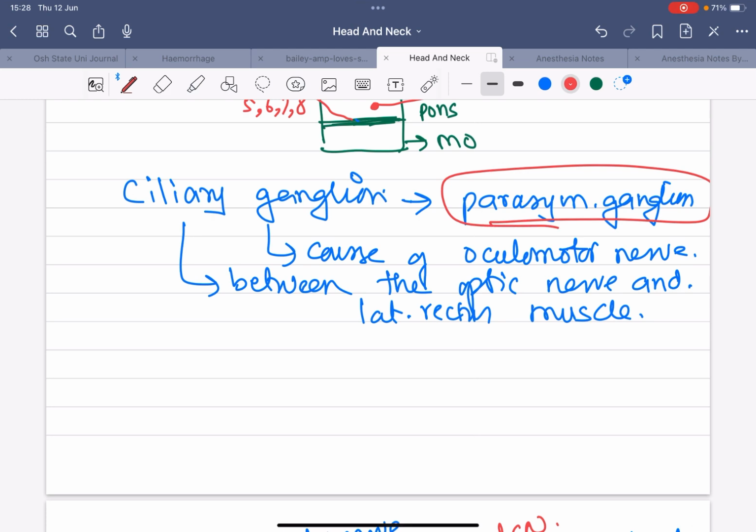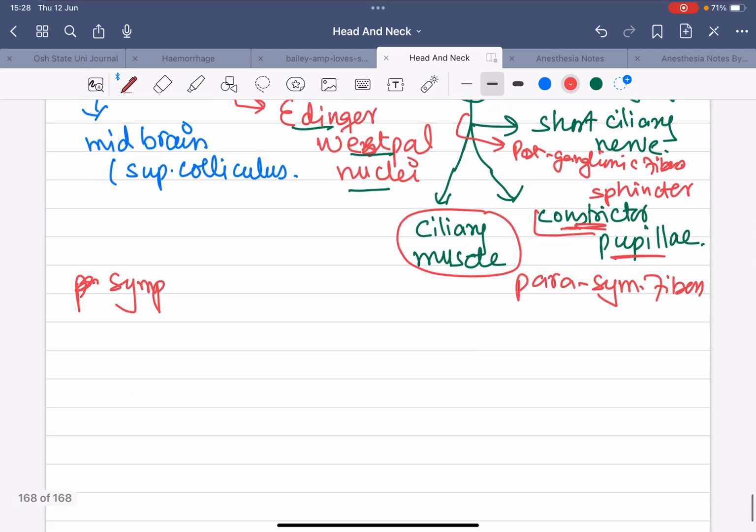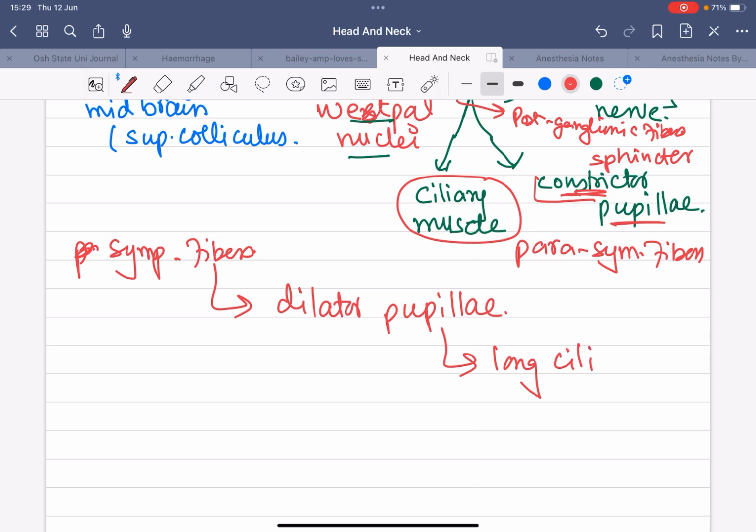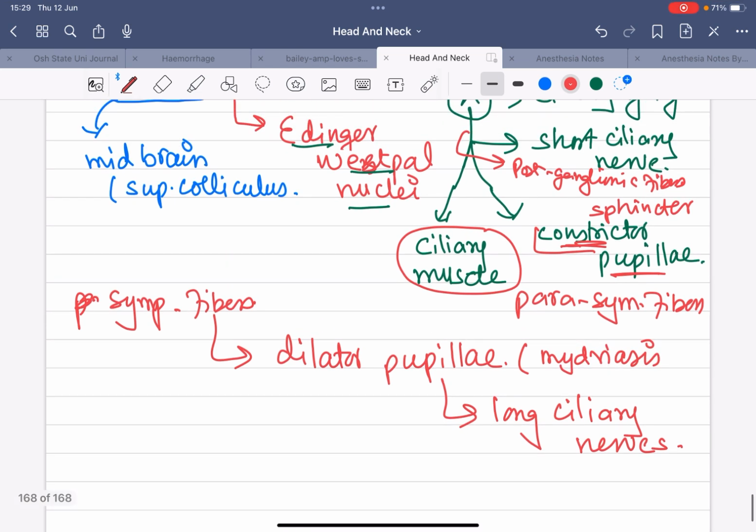Okay. So the sympathetic fibers go to the dilator pupillae. There is one more muscle, that is the dilator pupillae. It is through your long ciliary nerves. Okay, long ciliary nerves. Their sympathetic fibers to the dilator pupillae will cause mydriasis. What will the constrictor pupillae do? It will constrict, so it causes miosis. So the dilator pupillae will cause mydriasis.